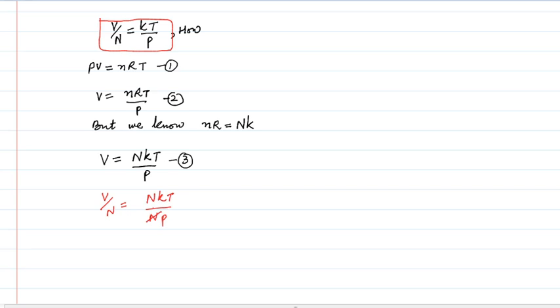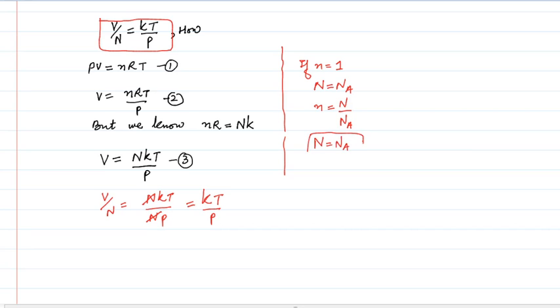N will cancel, and it is equal to KT upon P. Or you can say if the number of moles is equal to 1, in that case also N will be equal to Avogadro's number. How? Because the number of moles is basically equal to N upon Avogadro's number. This is equal to 1, so N will be equal to Avogadro's number. So this was a very simple substitution.